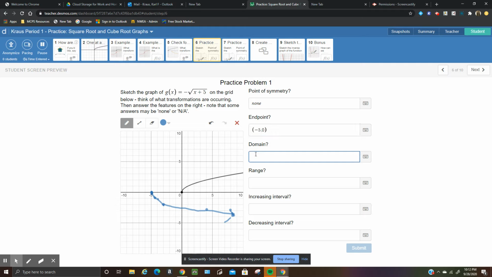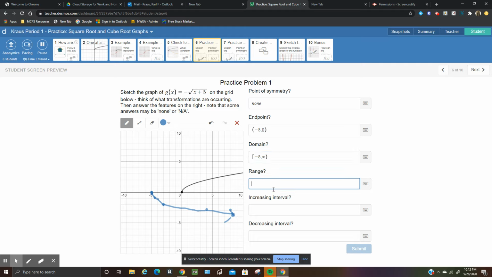The domain begins at negative 5. So square bracket to infinity, parentheses. Range, starting at the bottom, negative infinity, and then it goes to 0 in the square bracket.